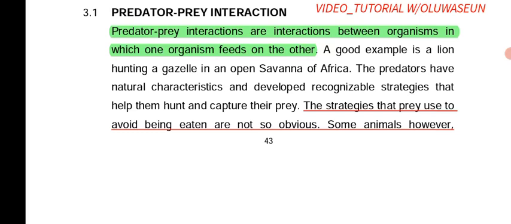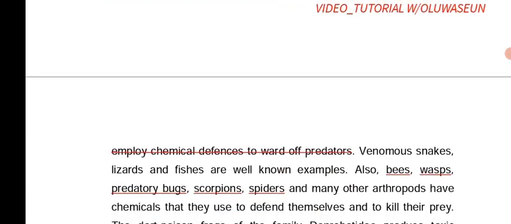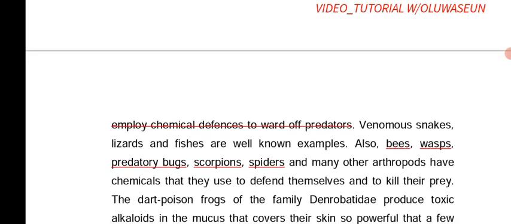Number one, they use chemical defense to ward off predators. Examples of such are snakes, lizards, and fishes. Also, we have bees, wasps, predatory bugs, scorpions, and spiders.